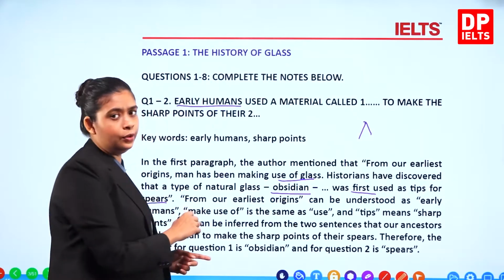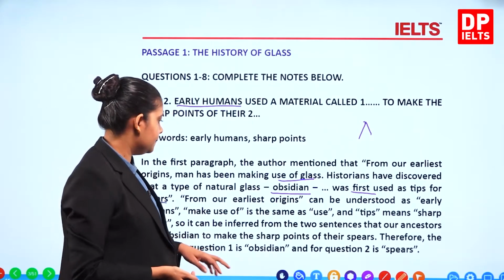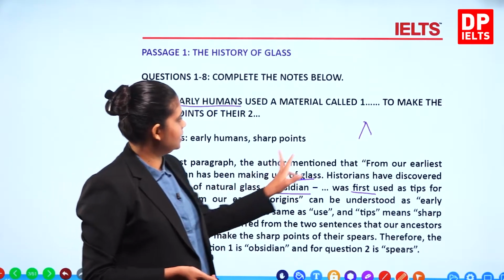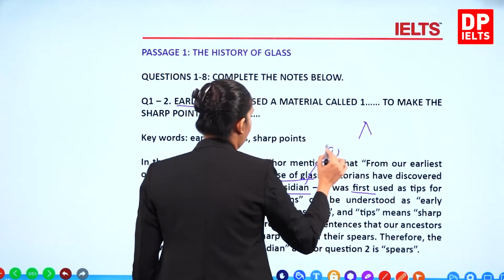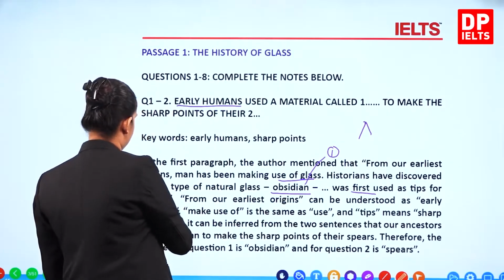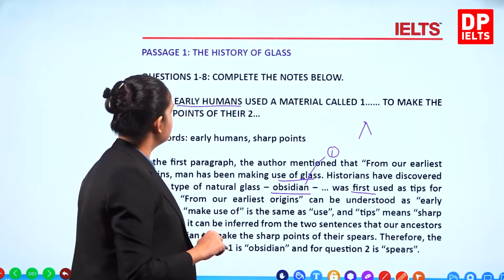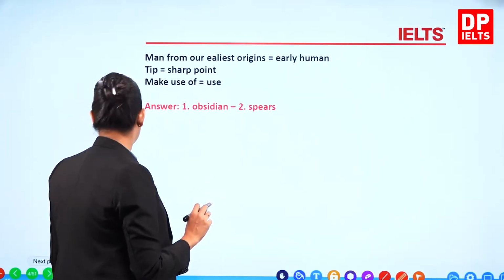So what did they use it for? Making spears, right? Therefore, the answer for question 1 is obsidian. So this one here. And question 2, it is this one here, spears, right? So those are the two answers.